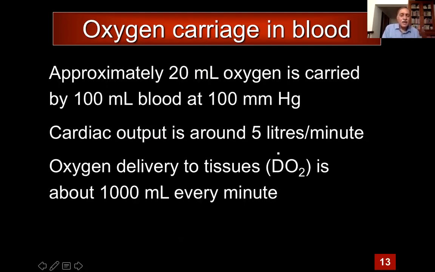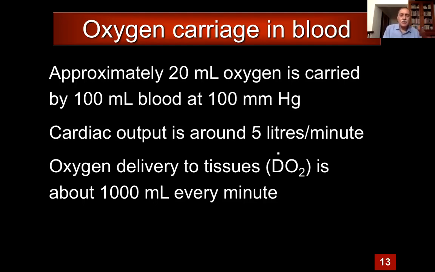Now, if you take the cardiac output to be around 5 liters per minute, and imagine that 20 ml of oxygen is there in every 100 ml of blood, 20 multiplied by 50 deciliters, or 5 liters, would give us a value of 1000 ml. And that is what we used to call oxygen flux in earlier days.